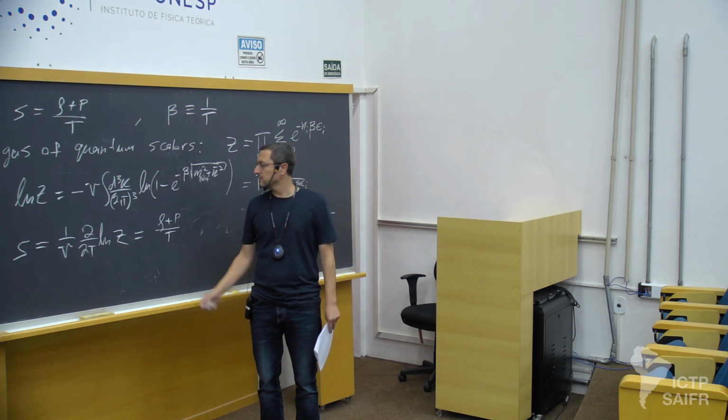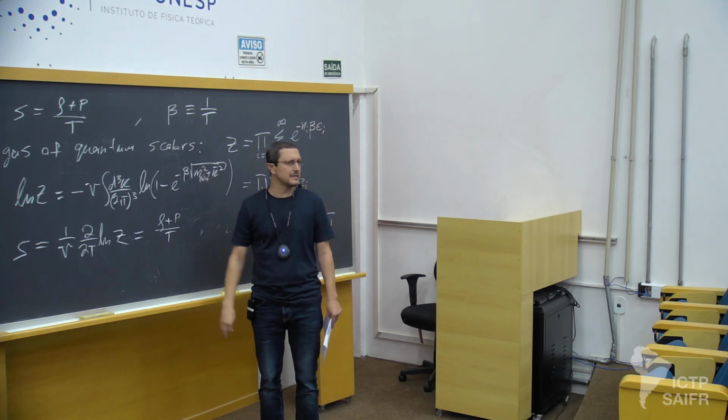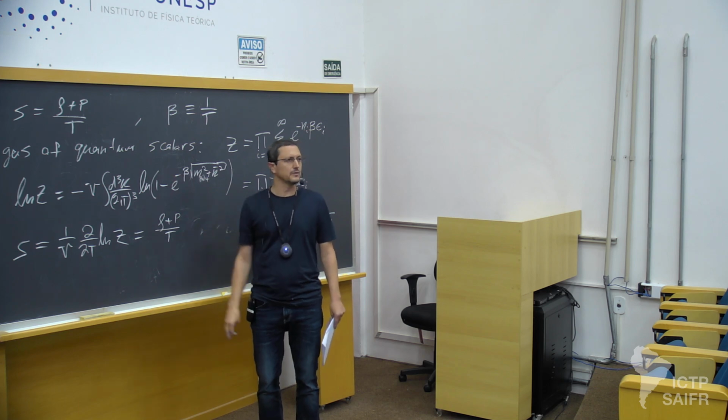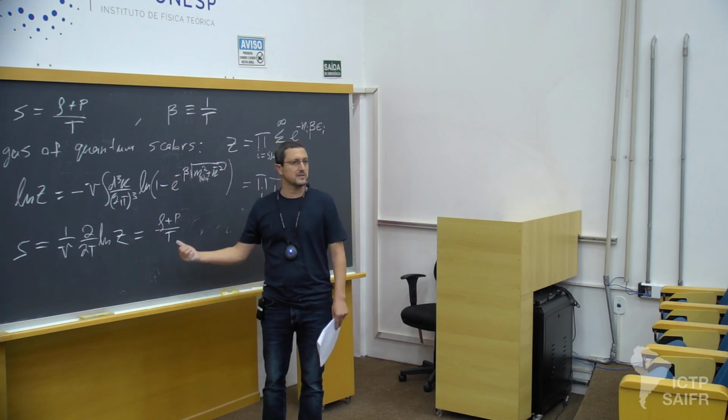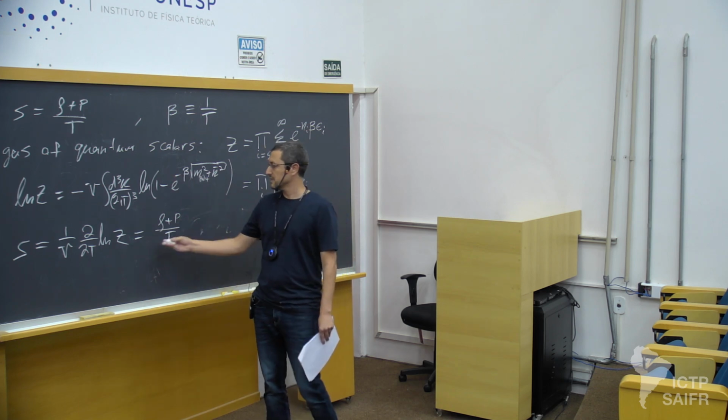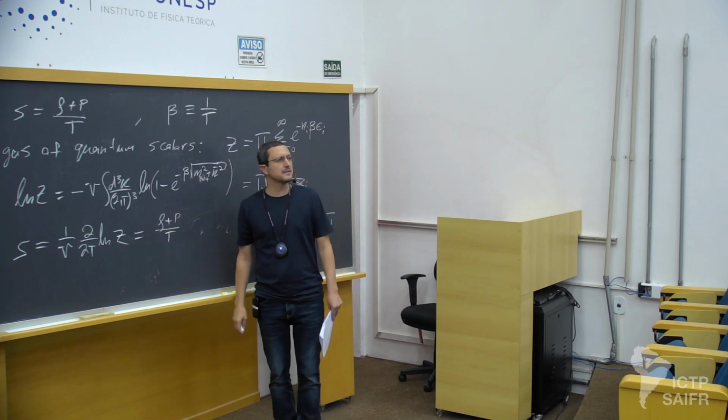I'm going to give you the expression for p because we're going to need it later, so it will appear later on the board and you can use it for the exercise. Otherwise, you can remind yourself. So that's the exercise to do, and this will be the answer.